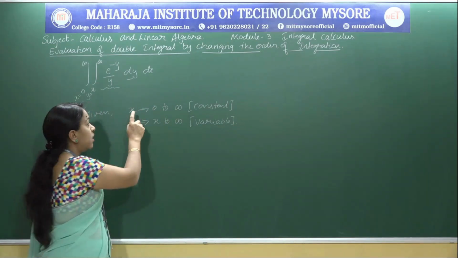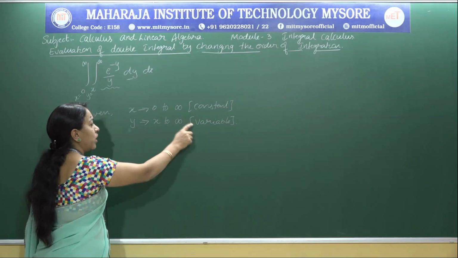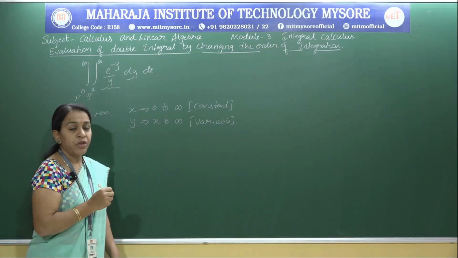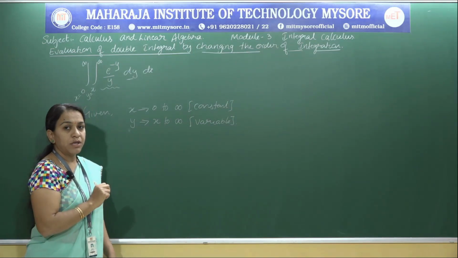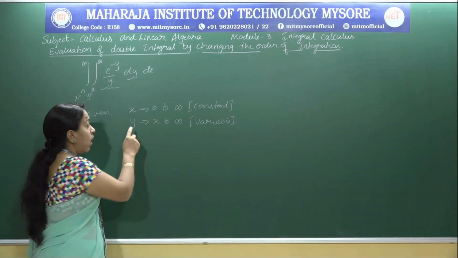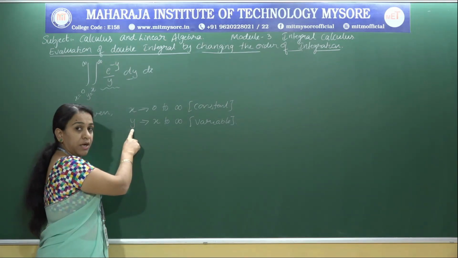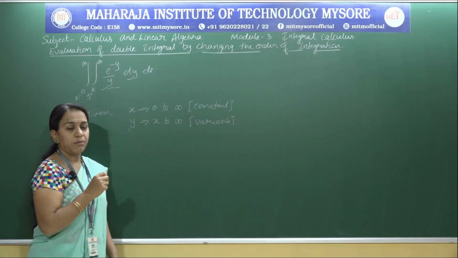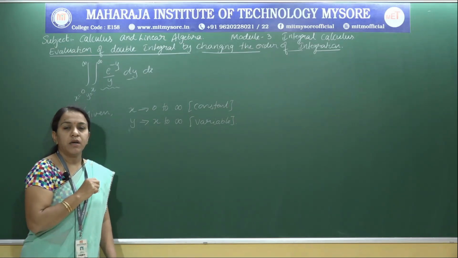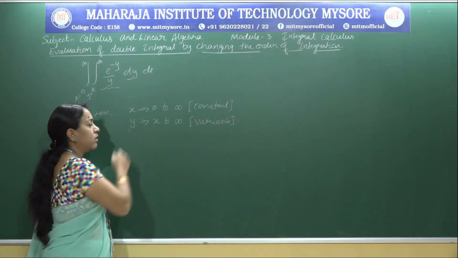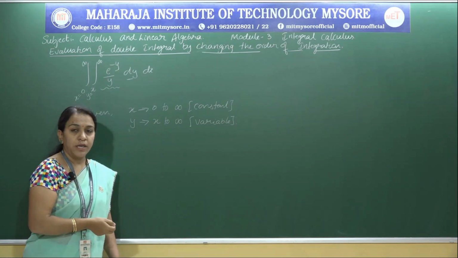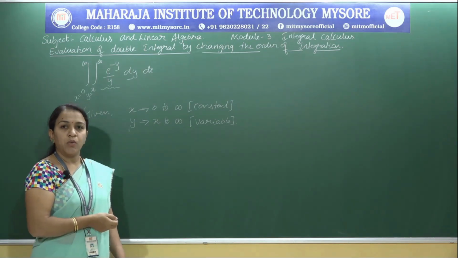By changing the order, we are going to change y to a constant limit and x to a variable limit. That can be done by representing the given curve in a coordinate plane and obtaining a bounded region.